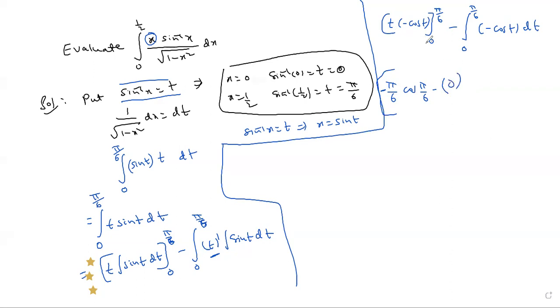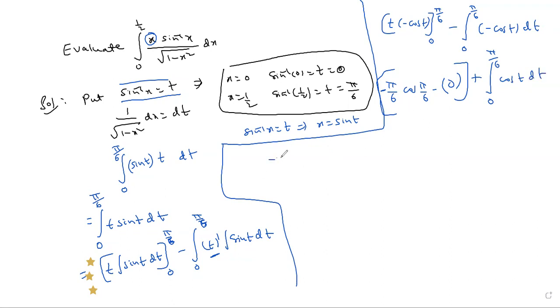Okay. In place of t, write upper boundary minus lower boundary. So here minus of minus plus integral 0 to pi by 6. What is integral of cos t? Integration, which is sin t.